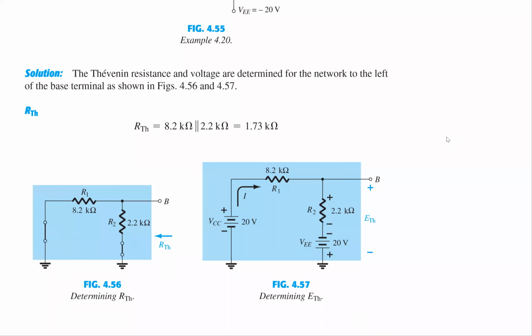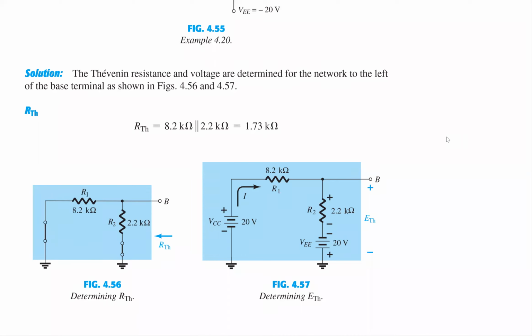Then we need to find the Thevenin equivalent voltage. For that, we put all the voltages back in the circuit and apply KVL to the loop. By applying KVL, we can figure out the current flowing inside the circuit.